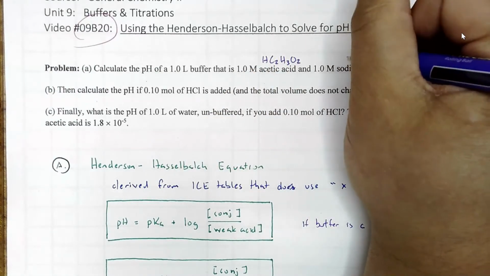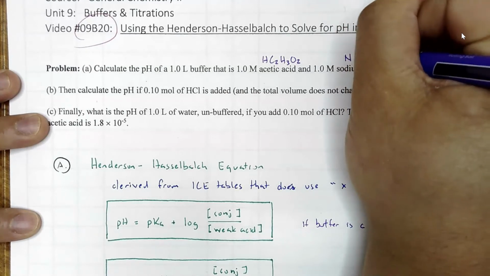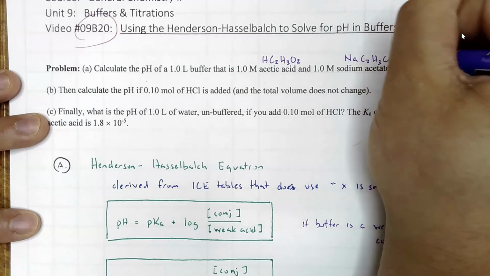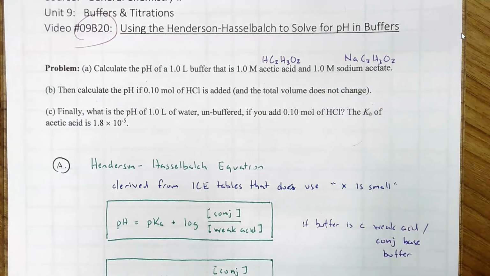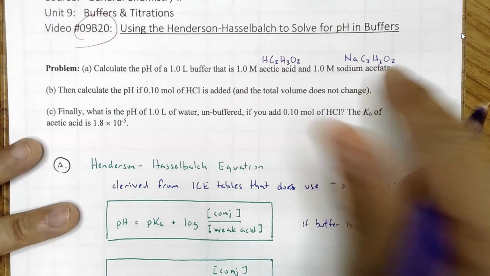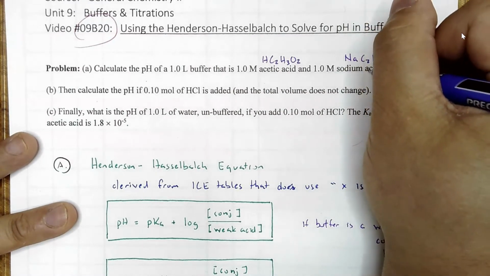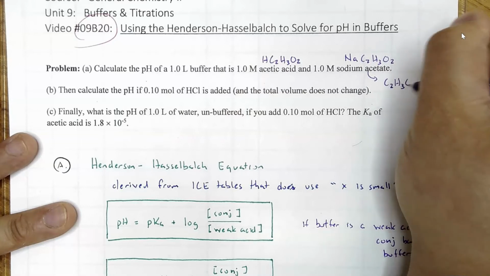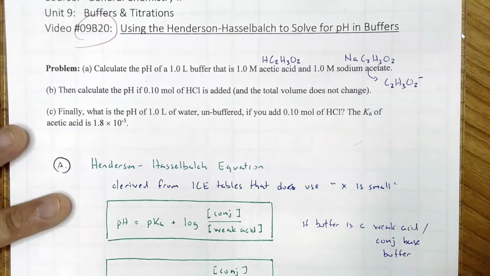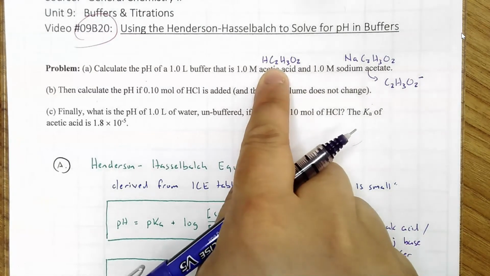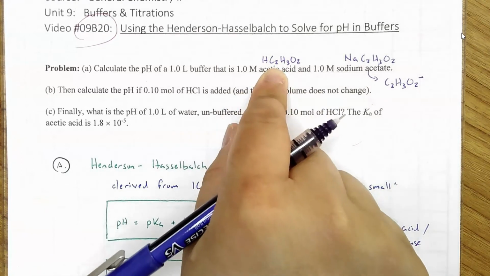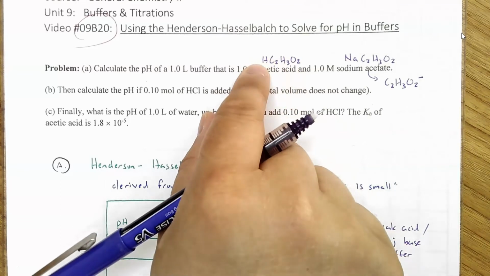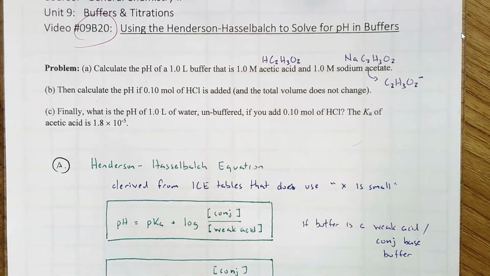And sodium acetate is the conjugate base, so we replace the H with an Na, C2H3O2. Just keep in mind that this will dissociate in water, and you do get the anion, right? The conjugate base is typically an anion. Now that's a weak acid, so the majority of this acetate anion will be protonated. It won't let go of that proton.